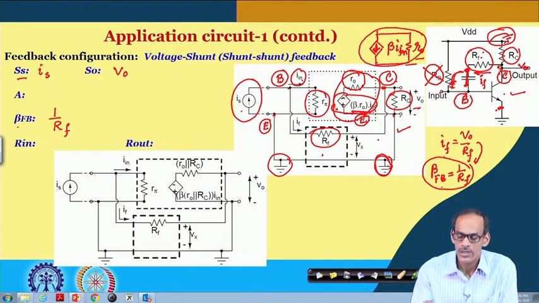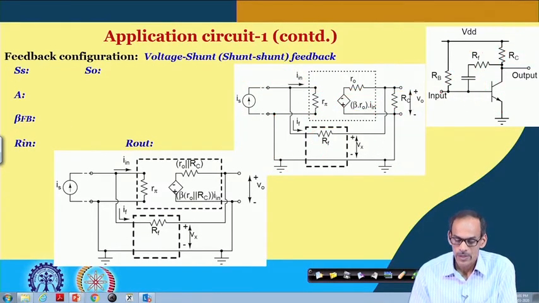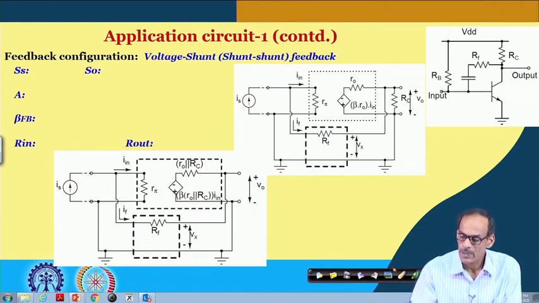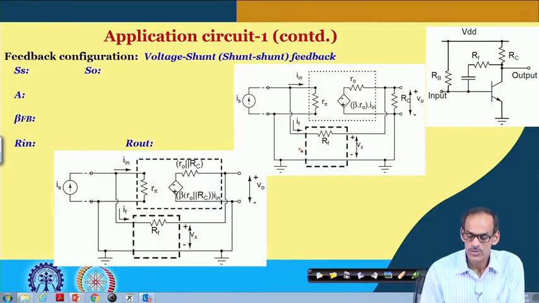So, let me clear up the diagram here again. So, what we have here, from output to input, this R F is working as the feedback network.